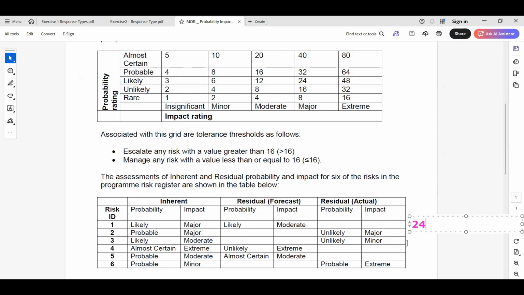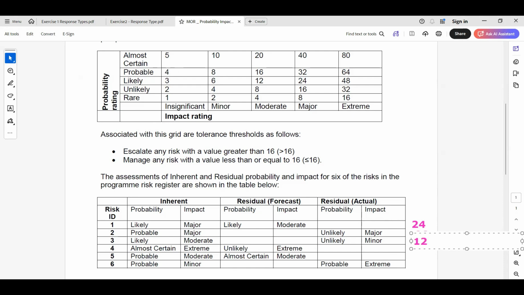Now, probable and major, what is the value? 32, right? Now, likely and moderate, what should be the value? 12. Likely and moderate, 12.